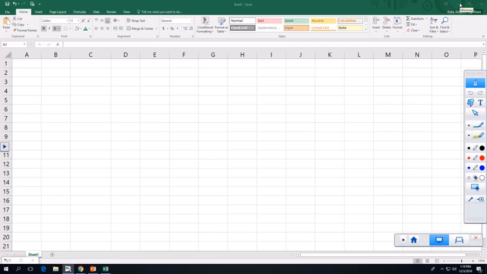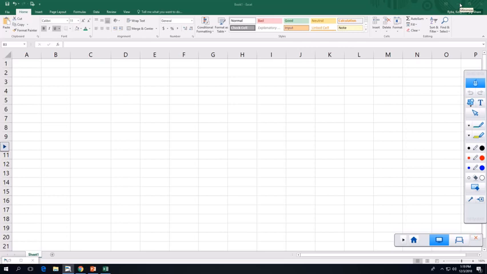Now, I can move around in my cells by either clicking with my left mouse button in whatever cell I want to go to, I can use the up, down, left, right arrows, or I can use the enter key also. So you can move really easily around in each one of those cells.